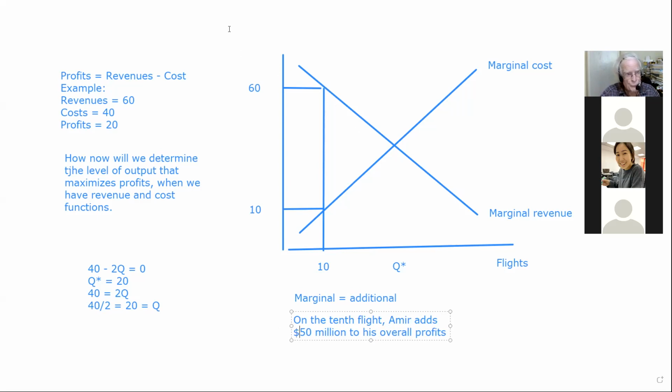Now for 1 point of extra credit, suppose now let me take a look at flight number 11. Right there. For that flight, the 11th flight, revenues are 59.